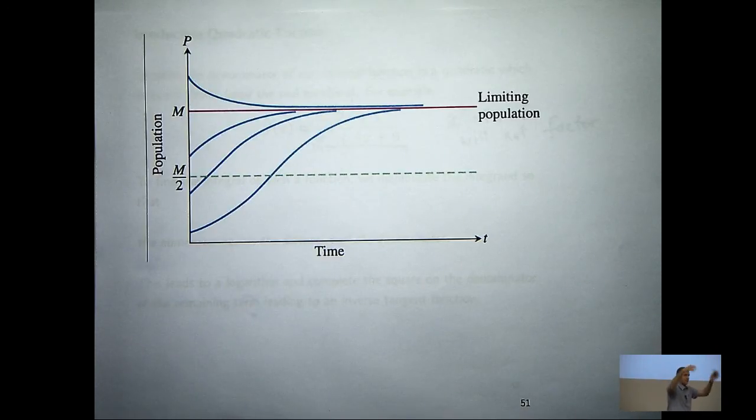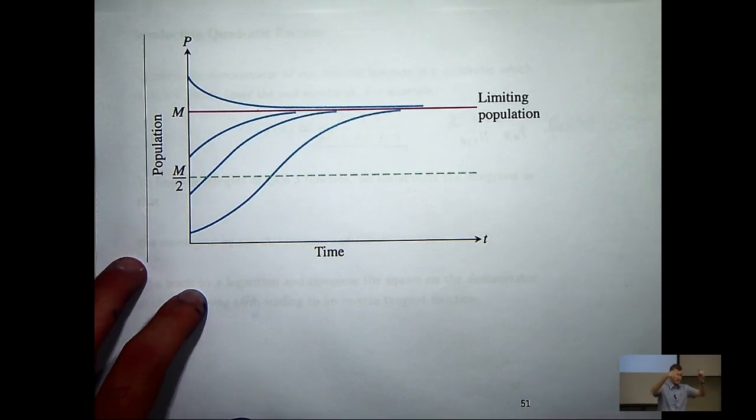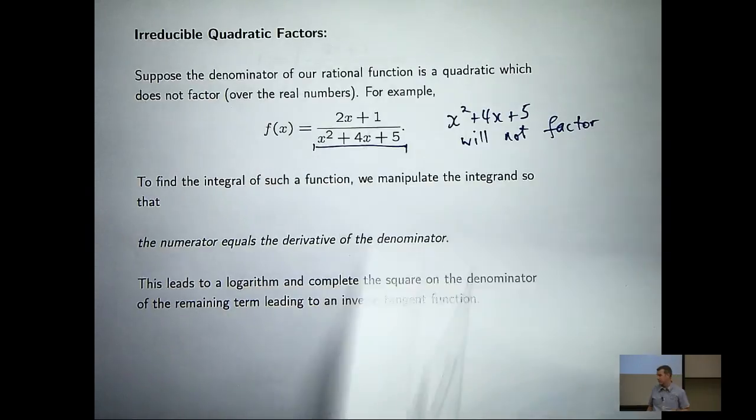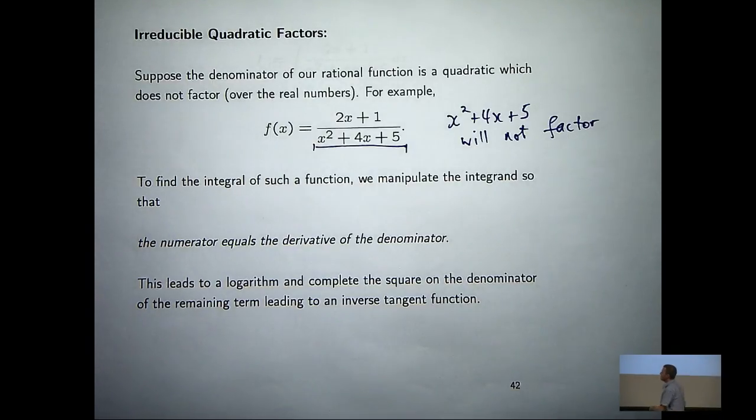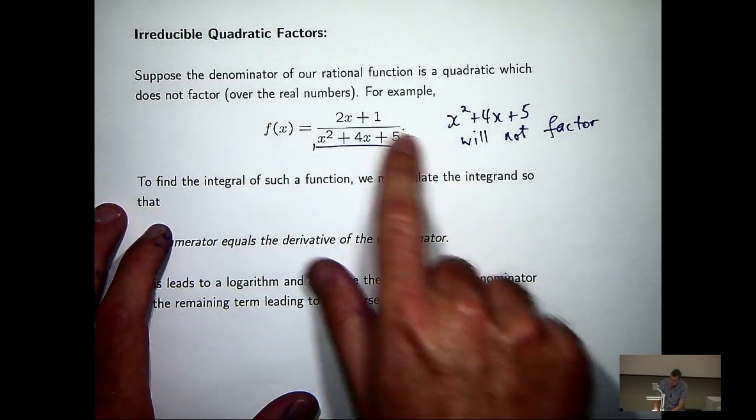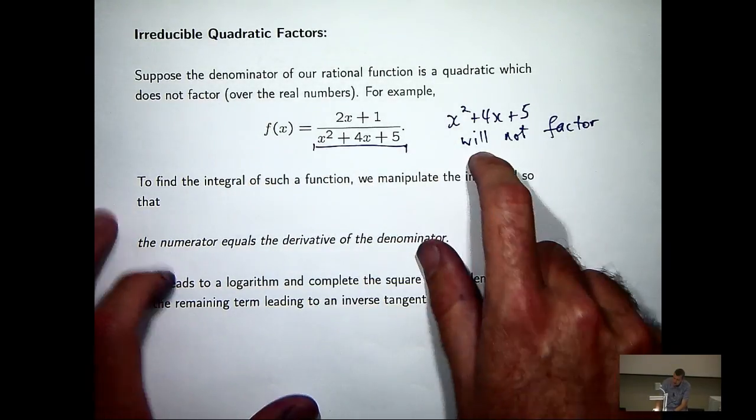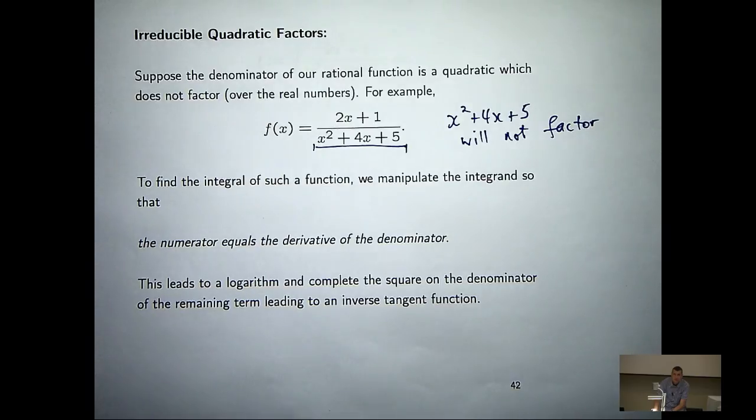Anyway, we'll have a look at this a little bit later in the semester, but one way of solving this problem is through partial fractions. Okay, so there are cases where you try to integrate functions and the denominator won't factor, not over the reals anyway.